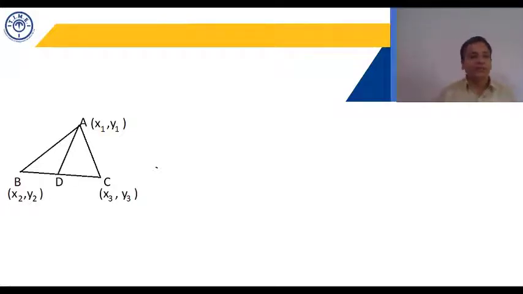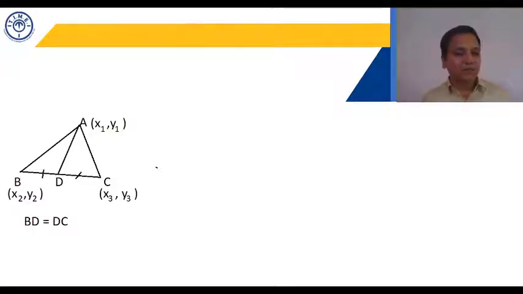So the coordinates of D can be found by applying the section formula because its ratio is 1:1. We can safely say the coordinates of D are (x2 plus x3) by 2, (y2 plus y3) by 2. In this case, BD is equal to DC. These two line segments are equal in length since AD is the median.